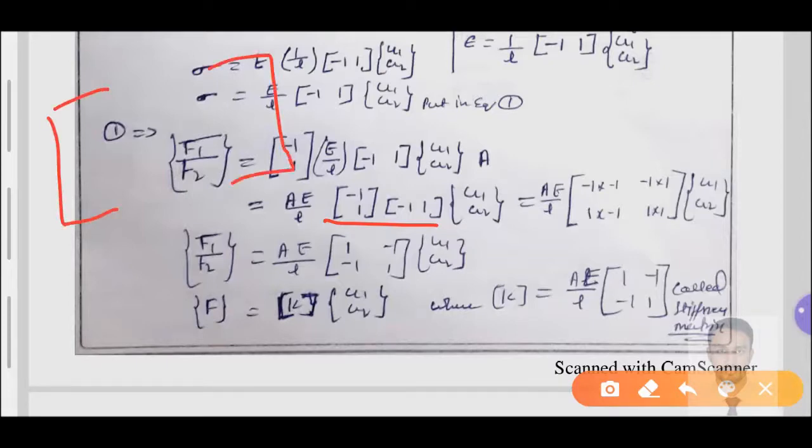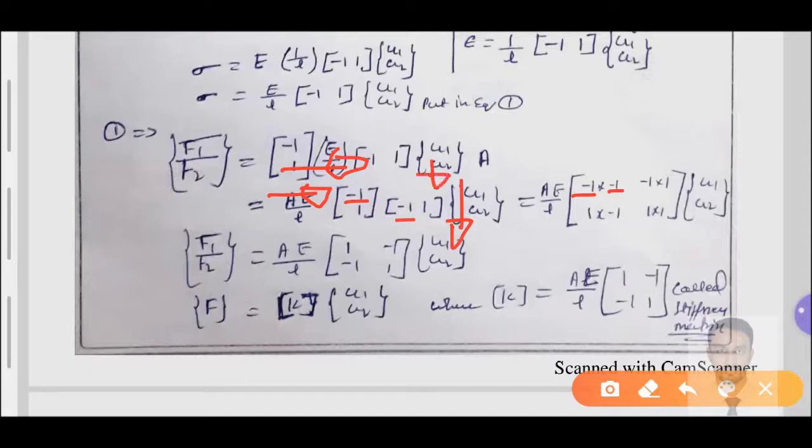We multiply row with respect to column. First row first column: minus 1 into minus 1. Then first row second column: minus 1 into 1.